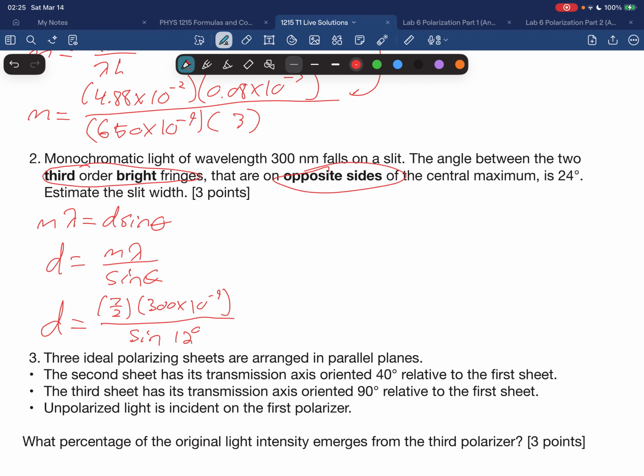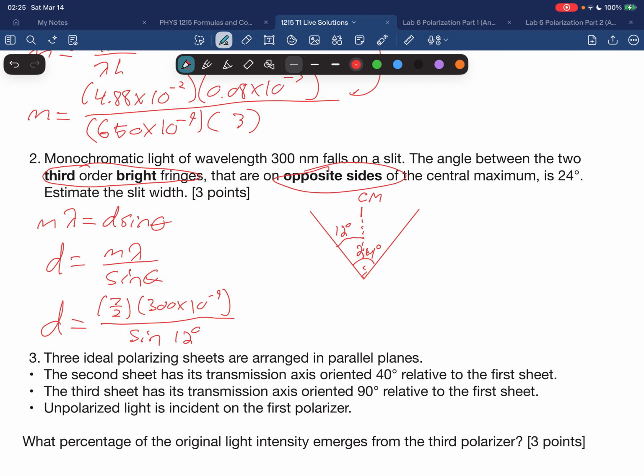12 degrees. This is because if this here is our central maximum, this here will be our 24 degrees. However, the formula works off just half here, which is 12 degrees.